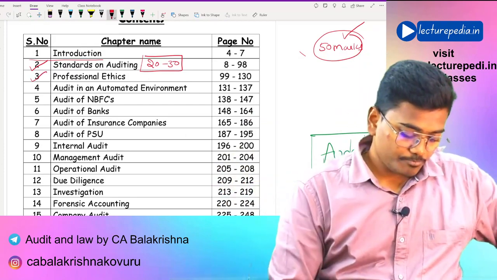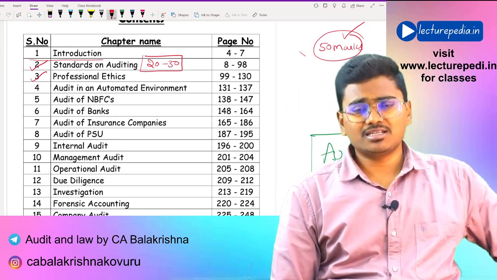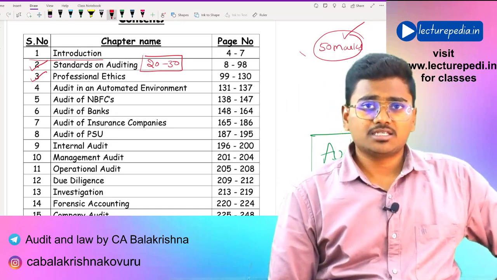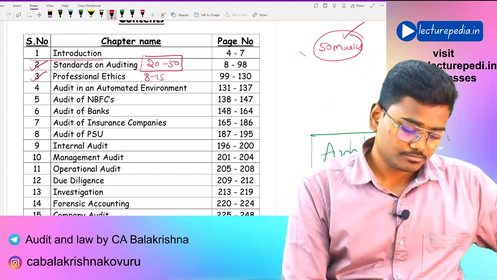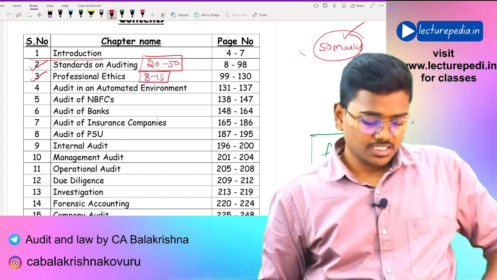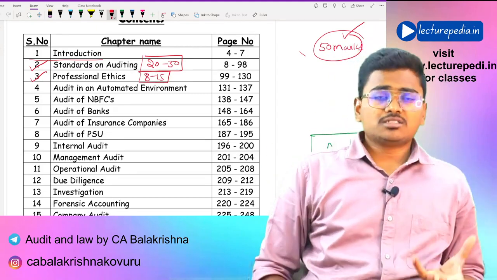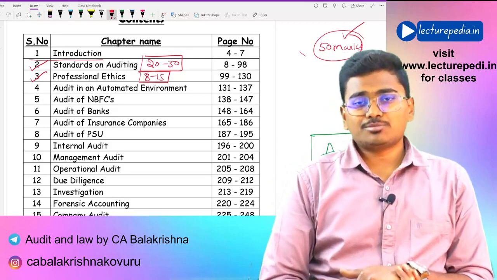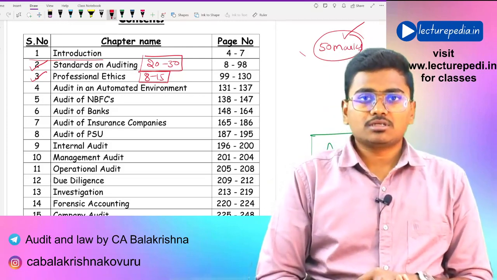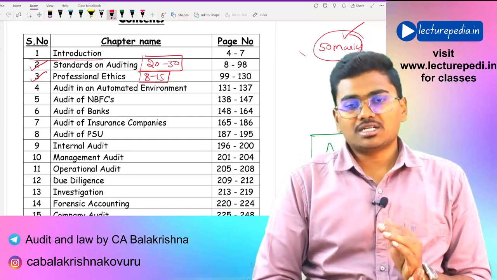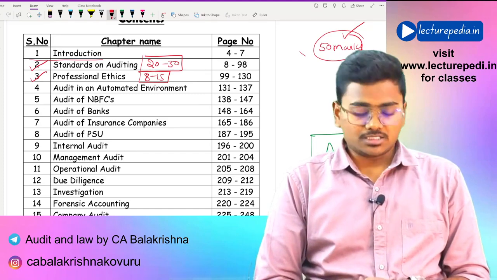And next we have professional ethics. Here you can expect 8 to 15 marks. In some of the past attempts, professional ethics has been asked for almost 20 marks, but in recent times the institute is reducing the weightage of professional ethics, so you can expect 8 to 15 marks.